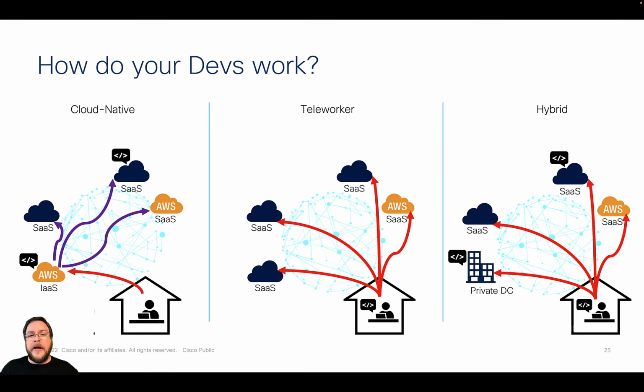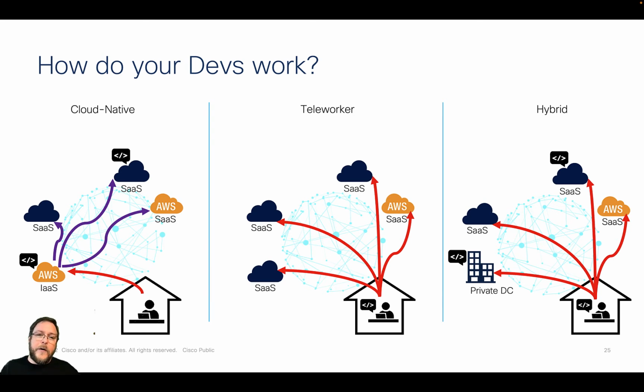Are they purely cloud native, and maybe they work from home or a branch office, but the development environment is connected to over a VPN and all the code exists in an Amazon environment? So the code doesn't live on the laptop in their home office or branch environment.